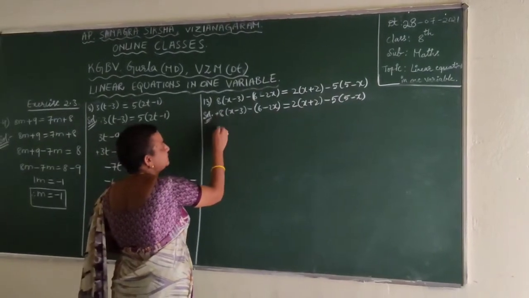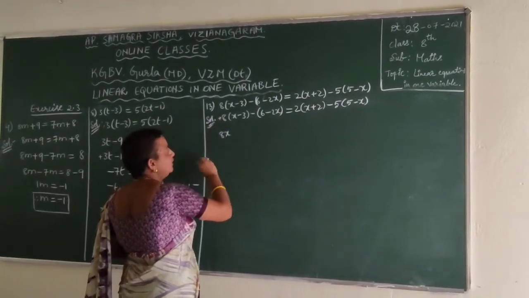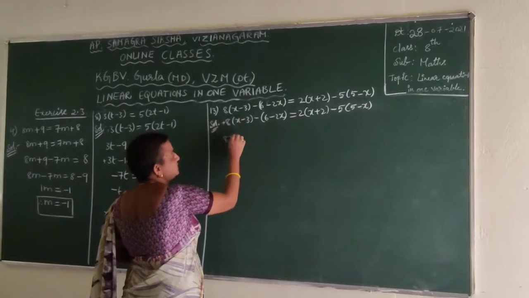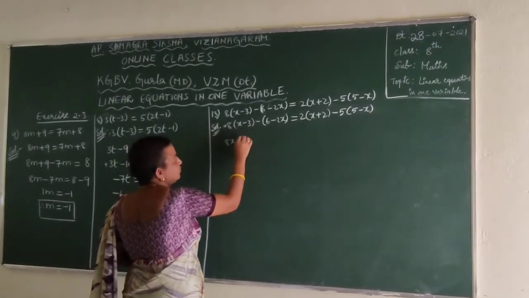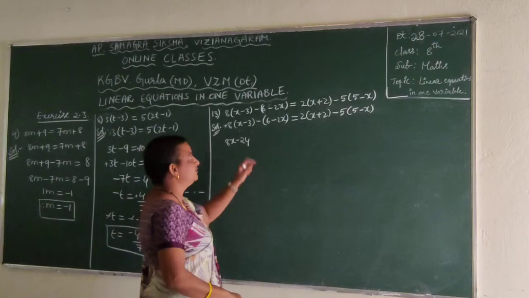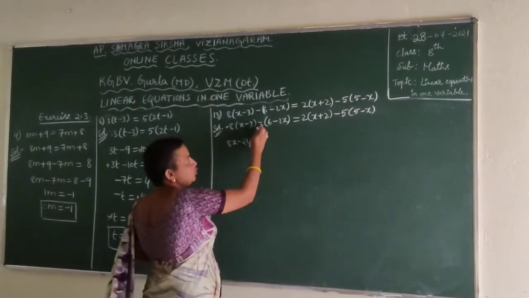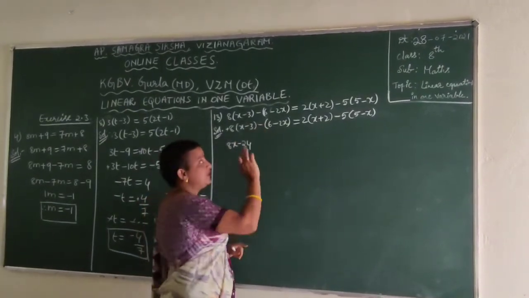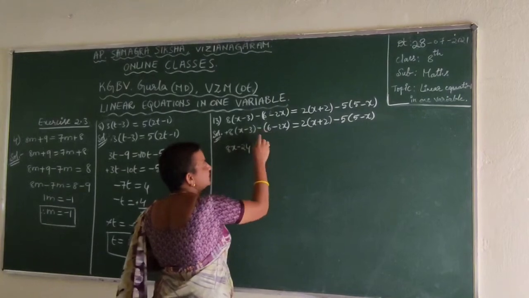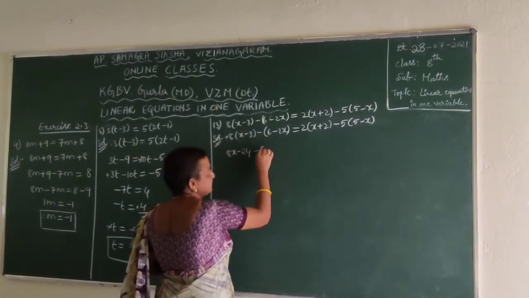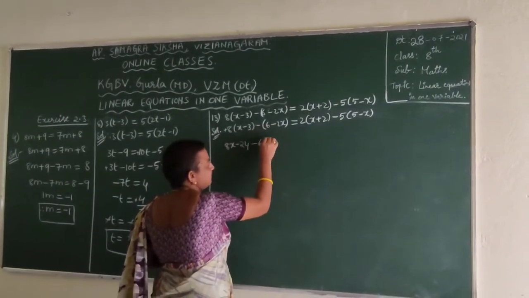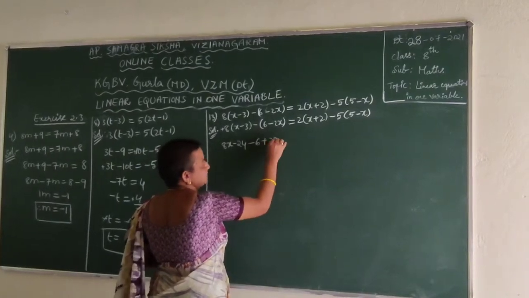So 8 into x, 8x. Plus into minus, minus. 8 3s are 24. Children, here there is no number, but you have to multiply the signs. Minus into plus, minus 6. Minus into minus, plus 2x.